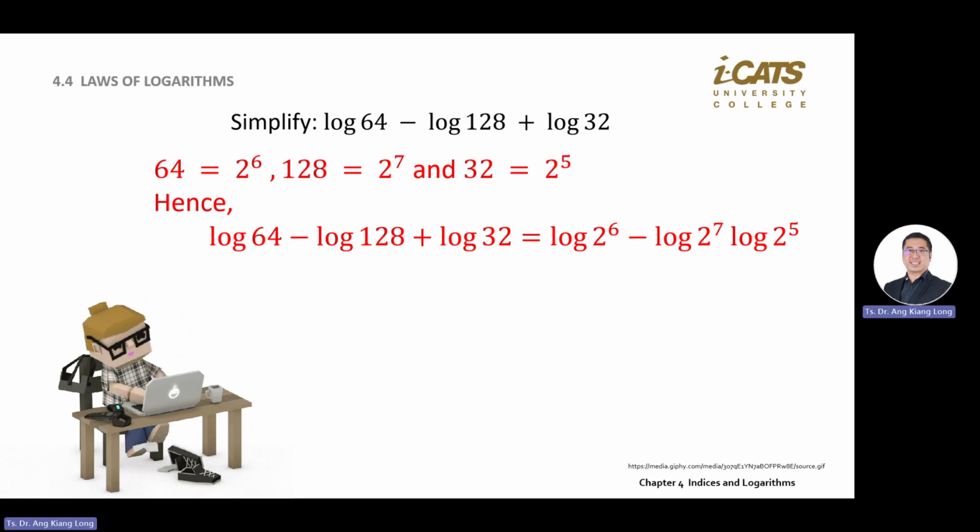So log 64 can be 2 power 6. Or you can just keep 64, divide 128, multiply 32, also can. But this is to show you that sometimes you can break it down even simpler with the lowest base that you can find. It can be 2, 3, or a prime number. Usually it's a prime number: 2, 3, 7, and so on.